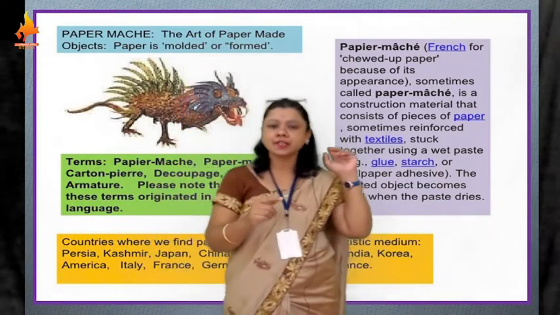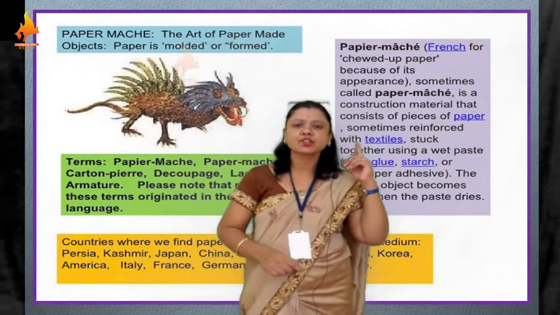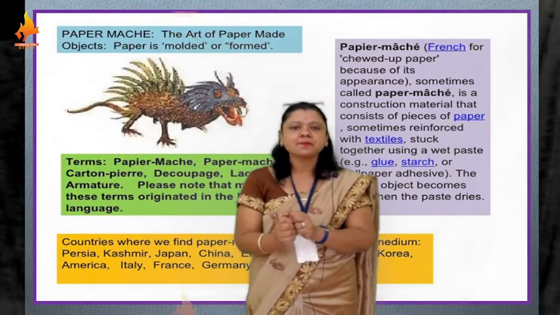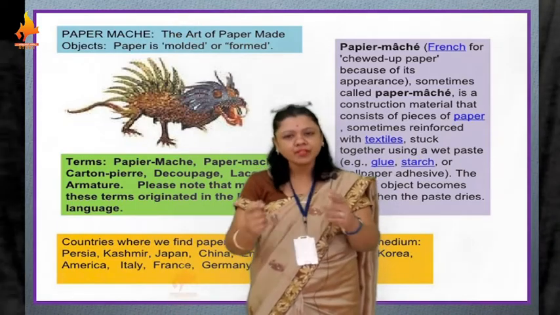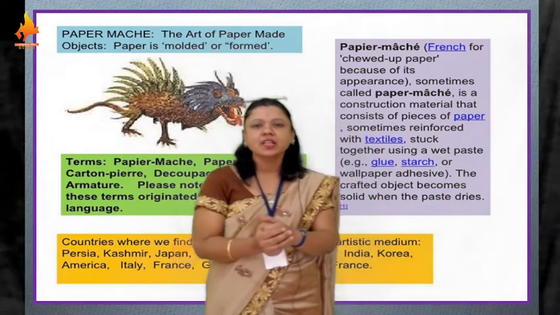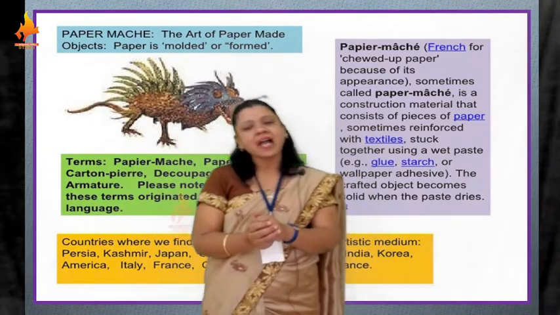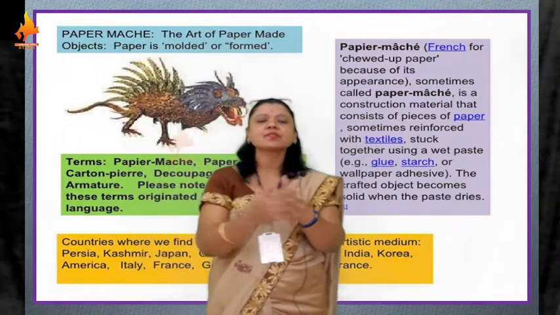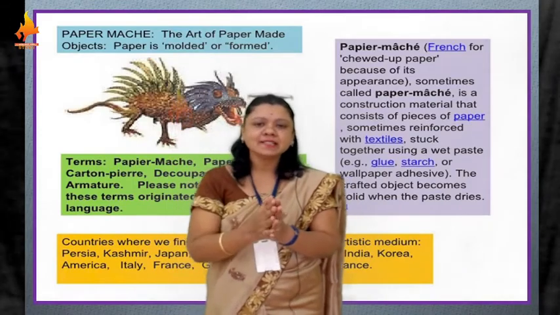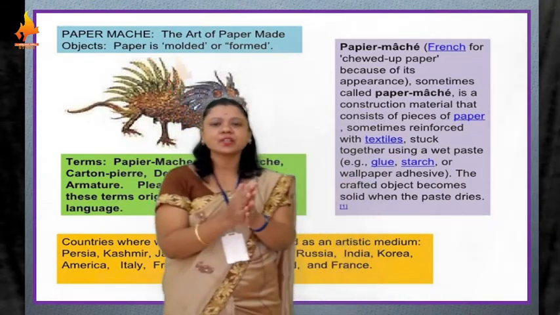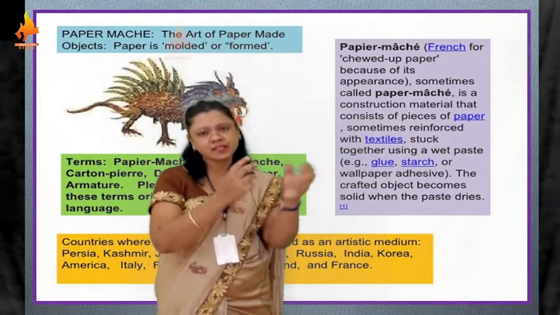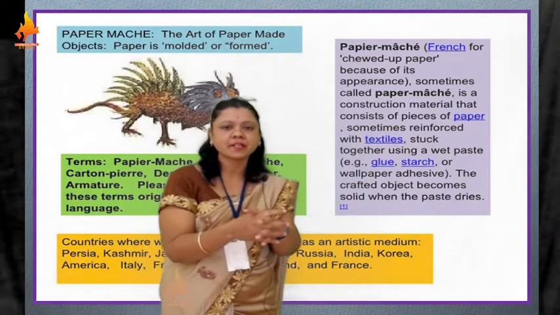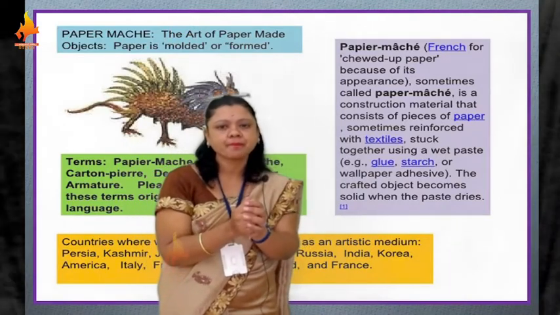Right? If you see here, paper mache, which is chewed paper because of its appearance, right? Is a construction material that consists of pieces of paper, sometimes reinforced with textiles, stuck together using a wet paste, for example, glue, starch, or any other kind of material which can paste it easily, right?